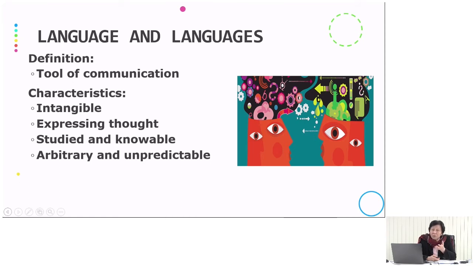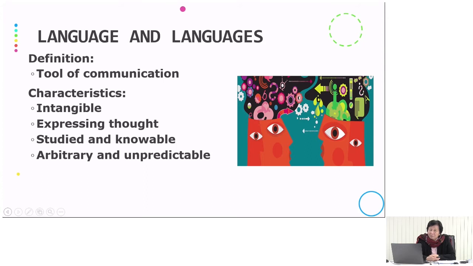So, language is used for expressing thought. When we communicate with others, no matter how many we are communicating with, we use language because we would like to express our thoughts, and we would like to learn what they think. We would like to express our ideas.